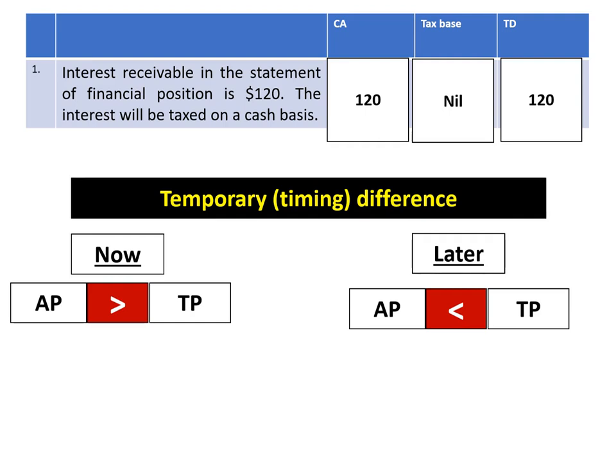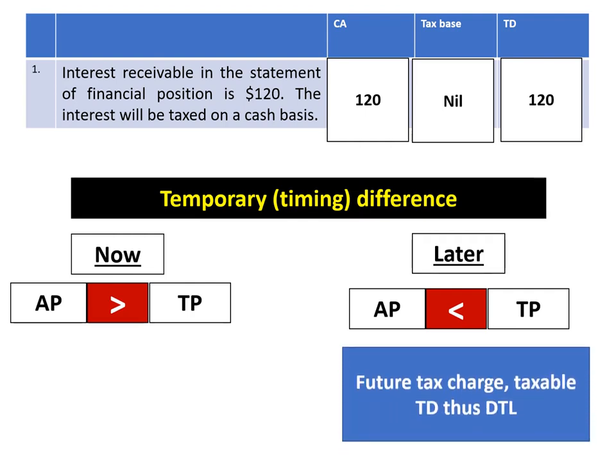But now when we actually receive it in future, from a tax point of view, our taxable profit is going to be higher, because that is the year in which the taxman is going to recognize it as income. And therefore, later on, our accounting profit is going to be less than our taxable profit. That means there's a future tax charge coming and a taxable temporary difference, and therefore we need a deferred tax liability to be recognized.